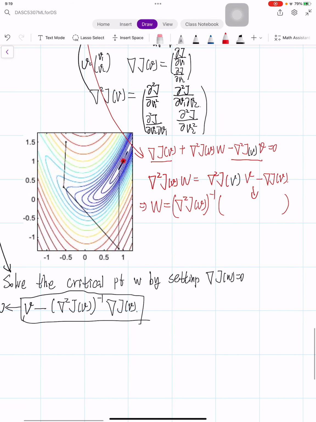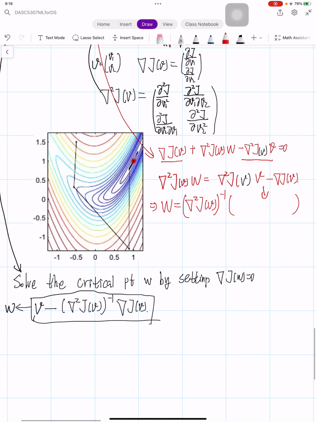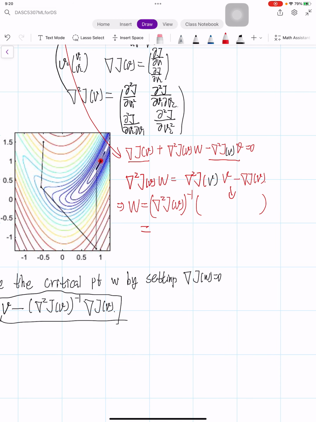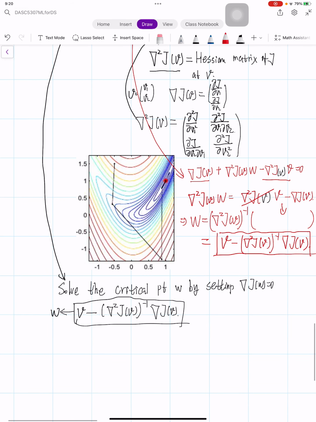Okay, that's how we get this one. And then this inverse cancels this part, so you get V minus the Hessian matrix at V inverse times the gradient vector G at V. Okay, so that's how we find the iteration steps for Newton's methods.